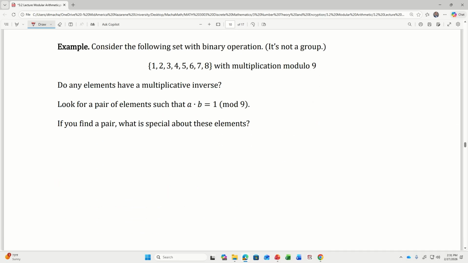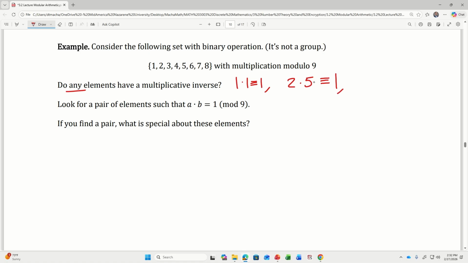So consider the following set with binary operation, multiplication modulo 9. This is not a group, by the way. I won't make you guess. The first question says, do any of these elements have a multiplicative inverse? Well, for one thing, 1 times 1 is congruent to 1. That's good. What about 2? Is 2 times something congruent to 1? 2 times 5.